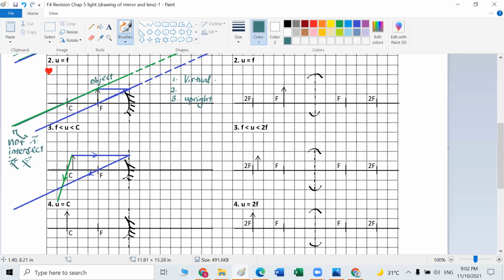So now let's draw the image. Image must always touch the, except the infinity one, the image must always touch the principal axis. So it's like this.